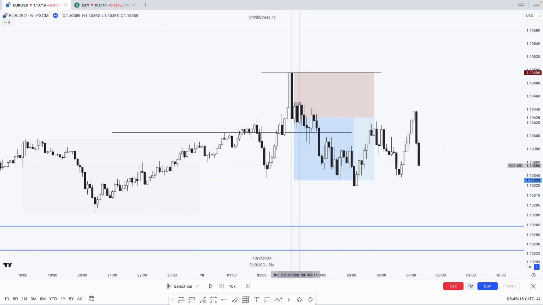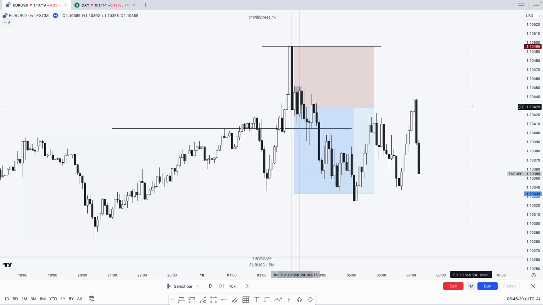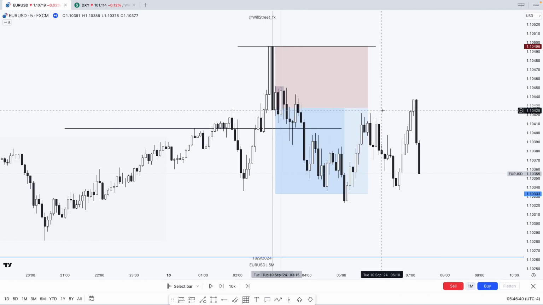I think I already said, but I'm only focusing on EU, but this happens on every single pair or every single market, every single session. If you are watching futures on Nasdaq or S&P or Dow Jones, this is exactly the same. If you are watching gold, it's exactly the same.